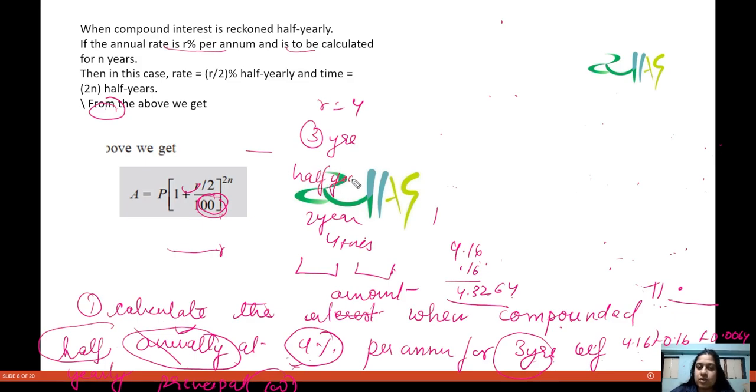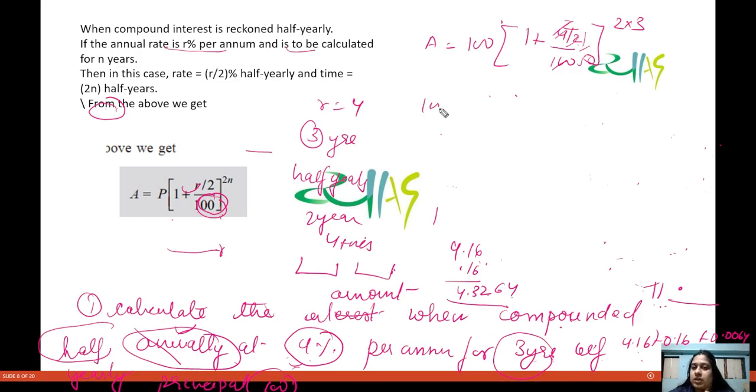P is going to be 100, and R is 4 by 2, so we write 4 by 2 over 100, and the power is 2 into 3. Now this becomes 2 over 100, which is 1 by 50.